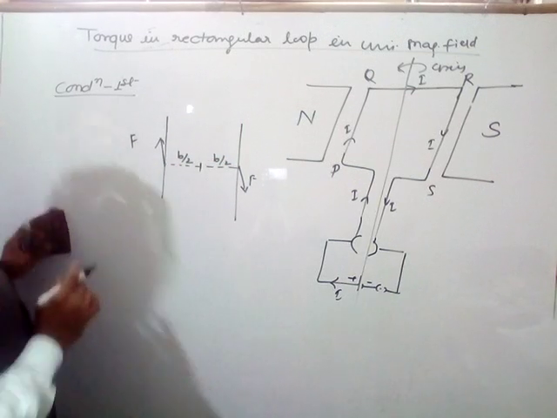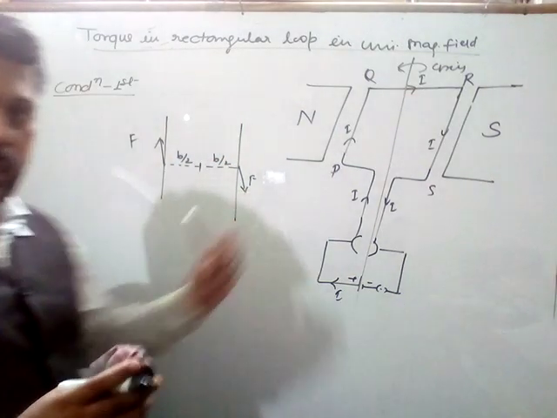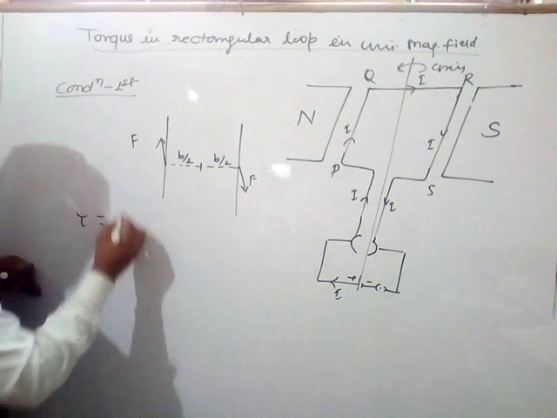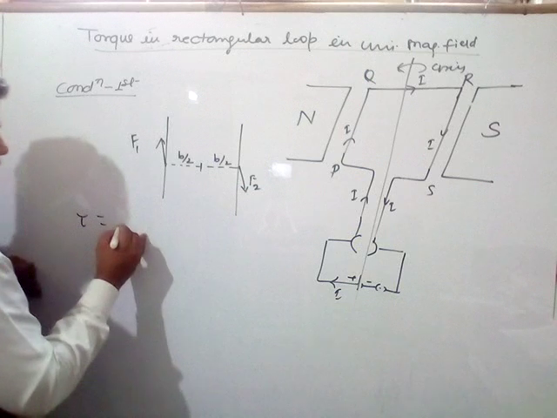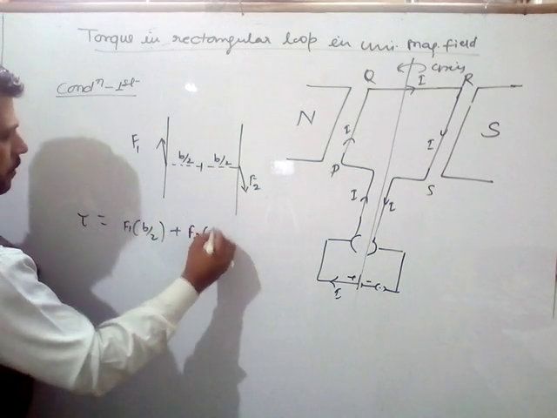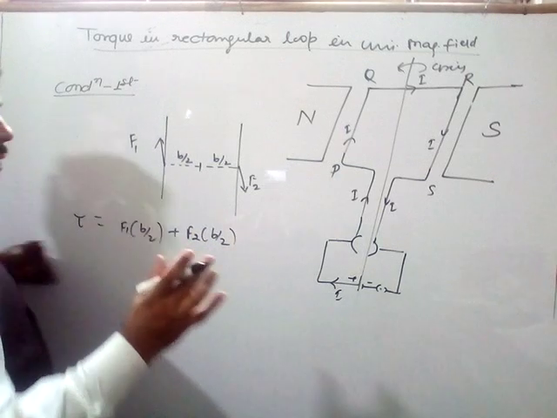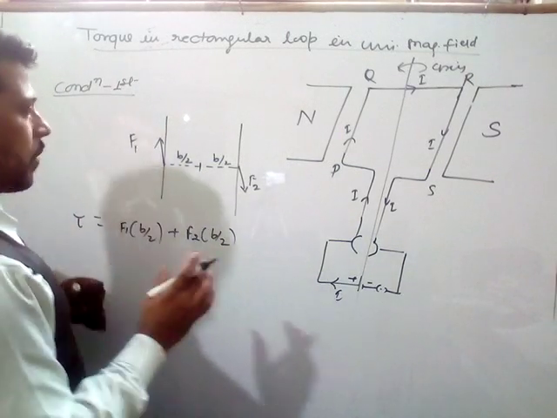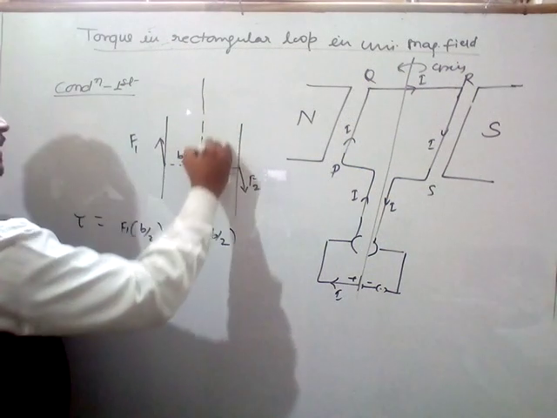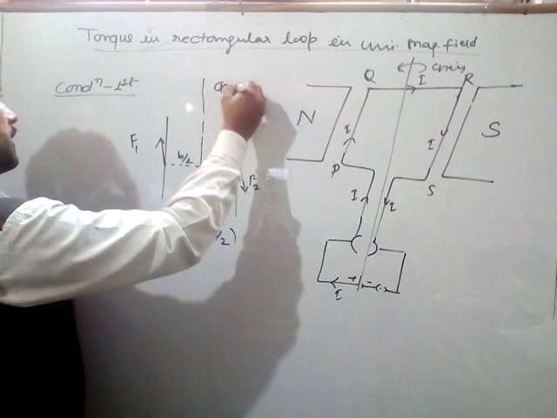In the first condition, we place this coil like this, without any angle. So torque equals F1 times B by 2 plus F2 times B by 2, that is force into the perpendicular distance from the force to the axis, and this is the axis of rotation.